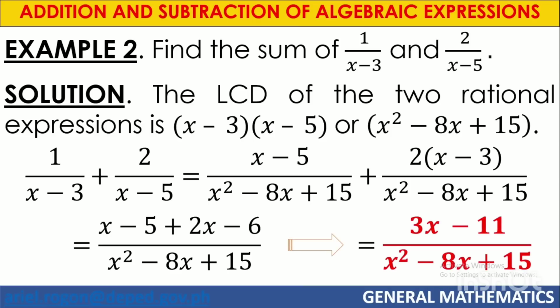Therefore, for the final answer, we combine the similar terms. x plus 2x is 3x, negative 5 minus 6 is negative 11, all over x squared minus 8x plus 15. So that is for adding and subtracting algebraic expressions.